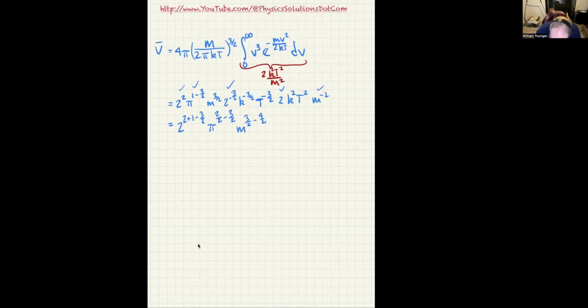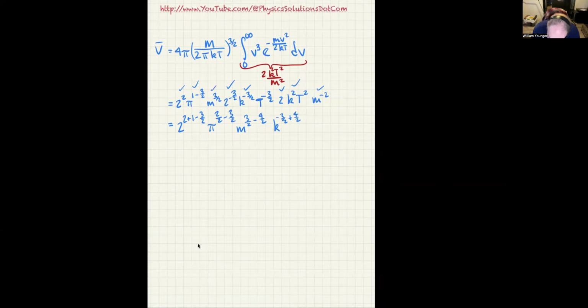Now I have k to the negative 3 halves. That takes care of that one. Plus 2, which of course k to the 2 is the same thing as k to the 4 over 2, so that takes care of that one.